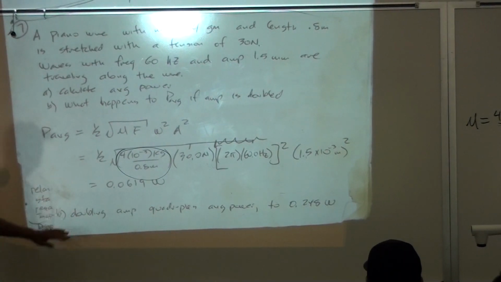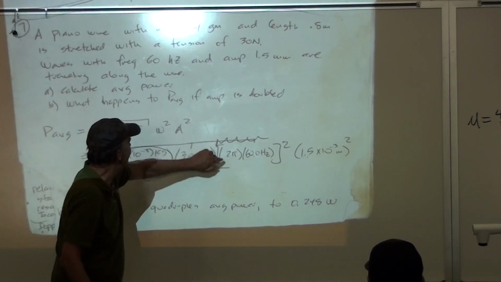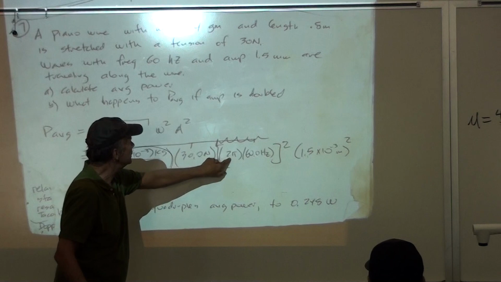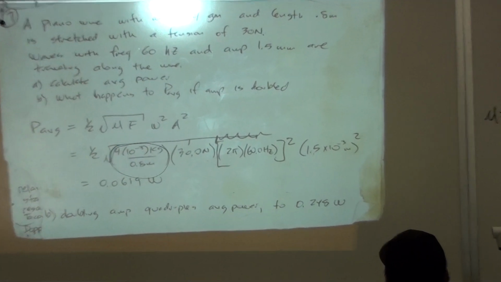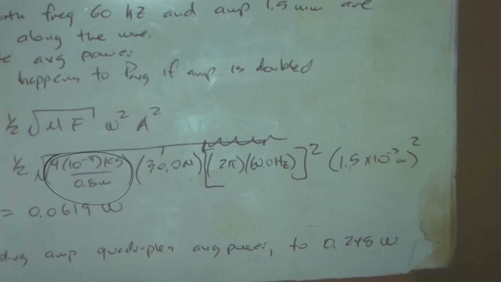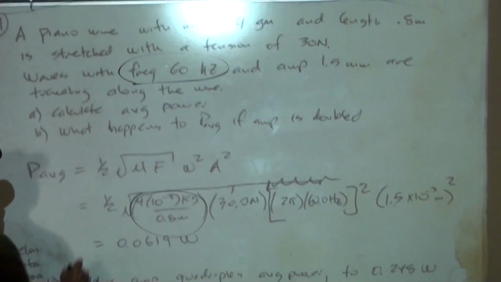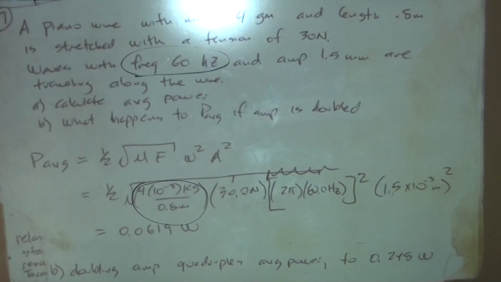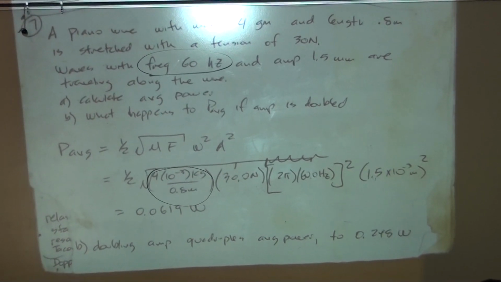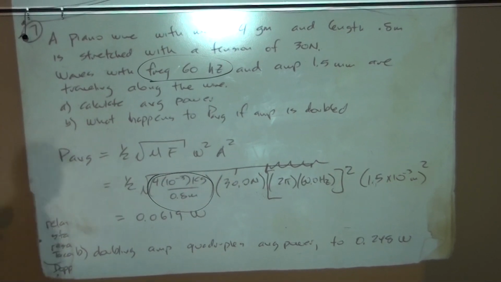And this shouldn't be there because it's just the square root of mu F. Then omega is 2 pi times the frequency, and that has to be squared. The frequency was given, but omega wasn't given, so there is yet another unit conversion. You have to convert from cycles per second to radians per second, knowing that omega is 2 pi times the frequency. Then we square that.